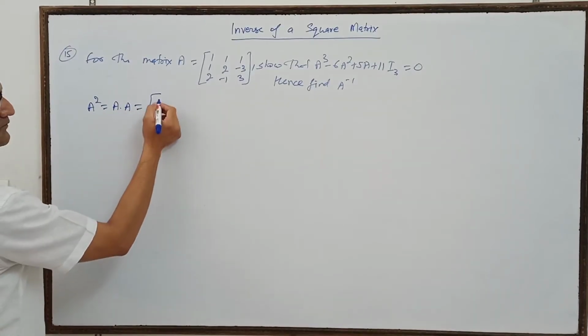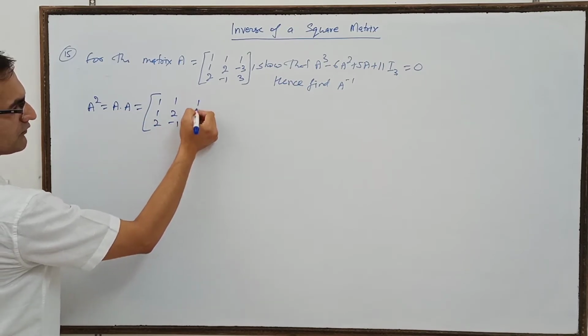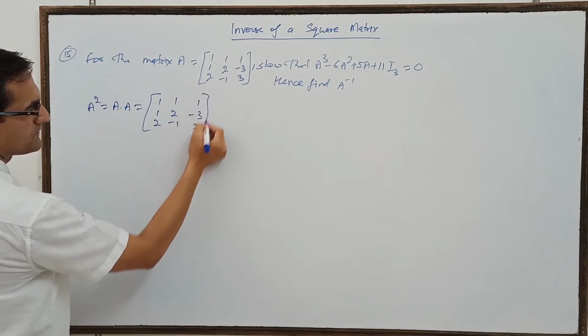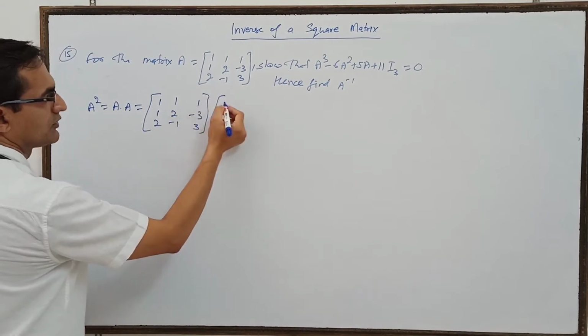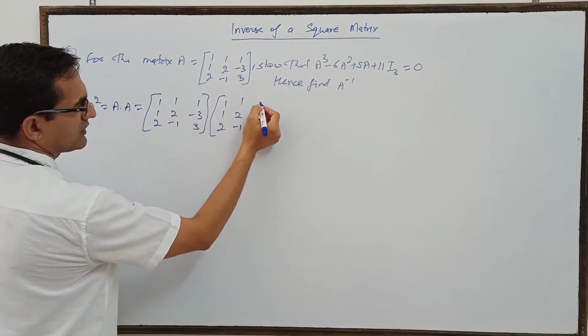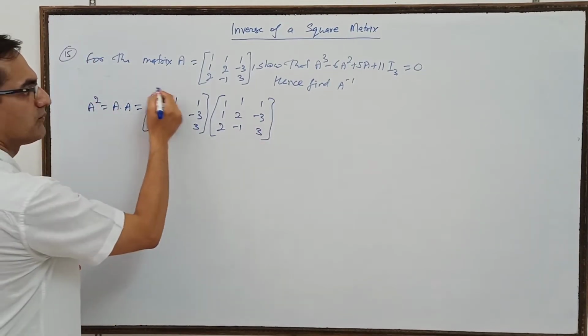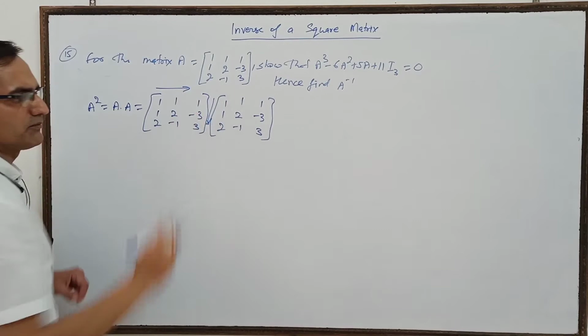This is 1, 1, 2, 1, 2, minus 1, 1 minus 3, 3 into 1, 1, 2, 1, 2, minus 1, 1 minus 3, 3. Multiply row by column multiplication.